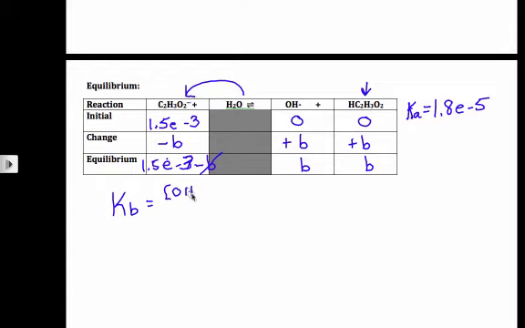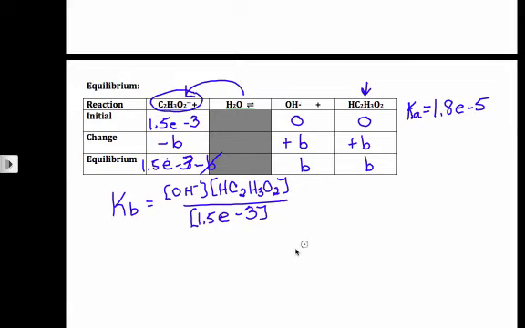It's hydroxide times the acetic acid, HC2H3O2, over my acetate. So that's kind of the second part of this. It's a little tricky. The first part is recognizing what the equilibrium is, and I just plugged that number in, that's the C2H3O2 minus.